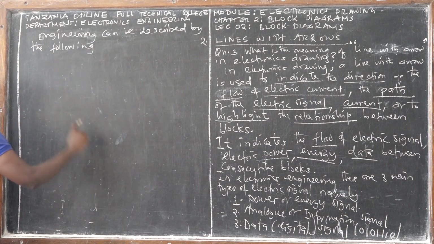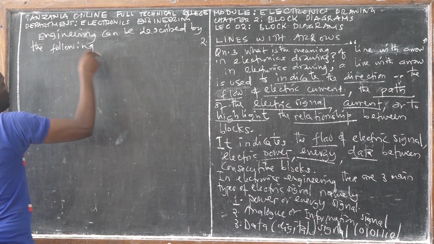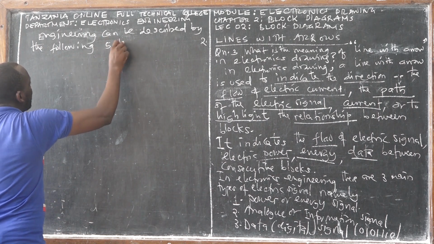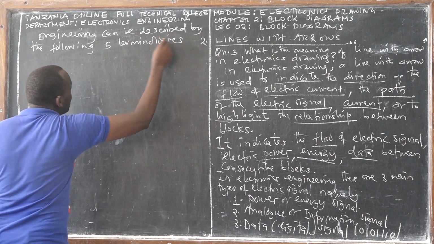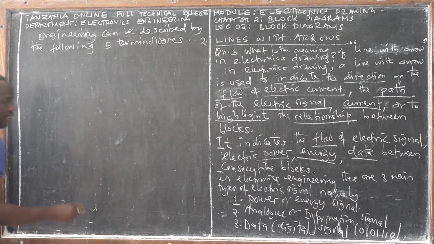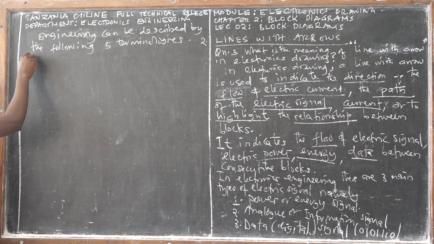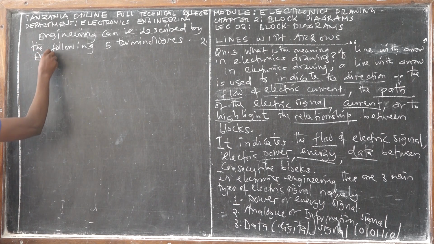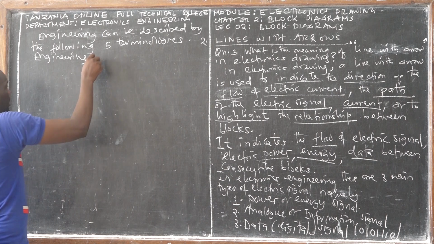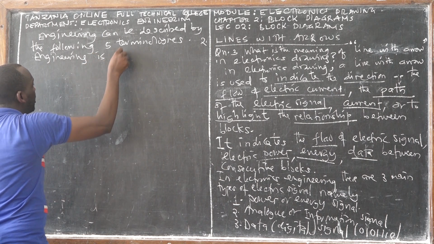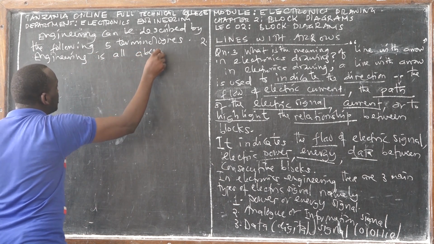I'm just jumping into this, then I'll come back there. So this is the language of engineering. Engineering, be it electronics engineering, electrical engineering or communication system engineering, is all about what?